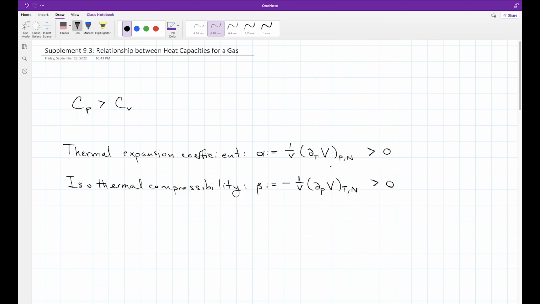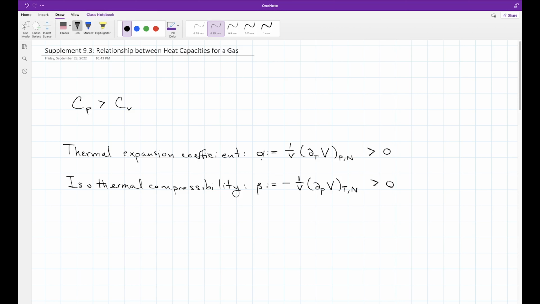Okay, fair enough. But why is there this V factor in the denominator out front? The answer is that we want alpha and beta to be intensive. We're taking the partial with respect to an intensive variable. So partial T of V is extensive because V is extensive.